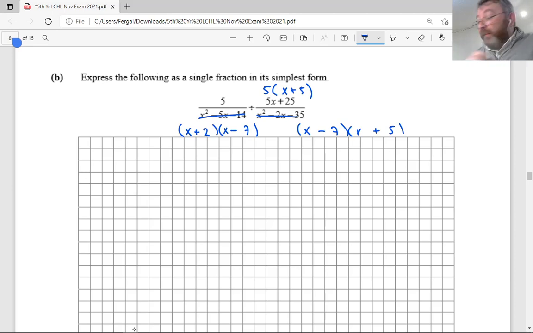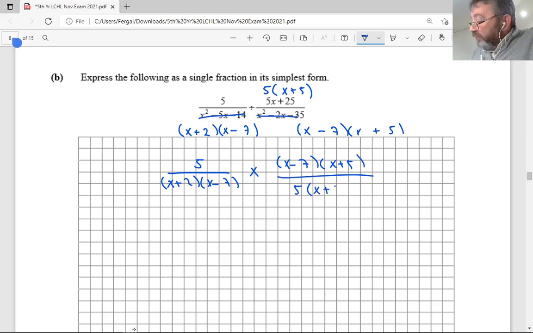And the last thing to remember, if you're dividing by a fraction, that means you multiply by the inverse of the fraction. So now it becomes 5 over x plus 2 multiplied by x minus 7, which in turn is multiplied by the inverse of this thing, which is x minus 7 by x plus 5 over 5 times x plus 5.